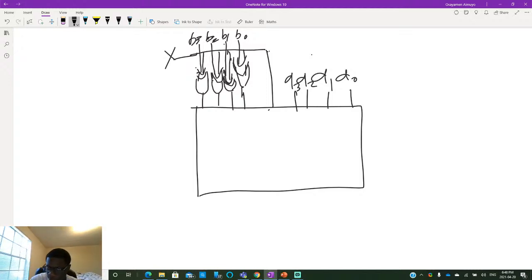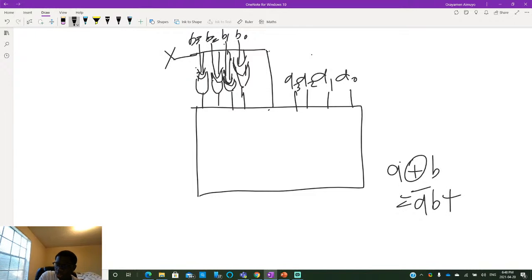Because the XOR function is defined this way: A bar B plus B bar A. Notice that if X is 1, our signal here, we want the complement of B. Basically, we want all the bits of B to be complemented. And if X is 0, we want B to be as is.